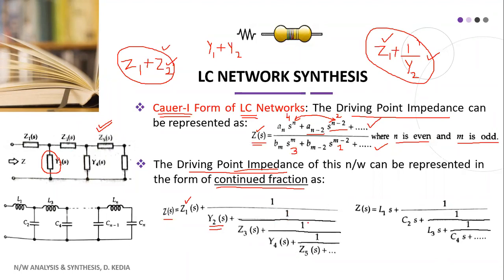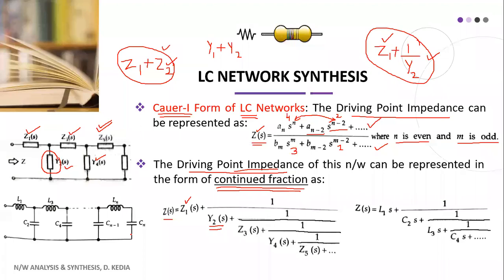So we have 1 by Z3 plus 1 by Y4 plus 1 by Z5, and we are continuing that. First Z1, then Y2, then Z3, then Y4, then Z5, and so on. So this is the representation of your continued fraction approach.